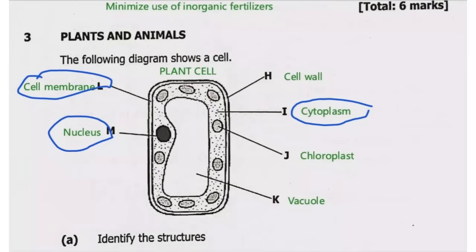Now remember, this is just revision, so I can talk about things that I feel I can touch on in this topic. So those are the 3 parts that are found in an animal cell: cell membrane, nucleus, and cytoplasm. Cell wall, chloroplast, and vacuole are not found in an animal cell. Although some studies have shown that certain animal cells have small vacuoles, very small, generally we say in an animal cell there is no vacuole.